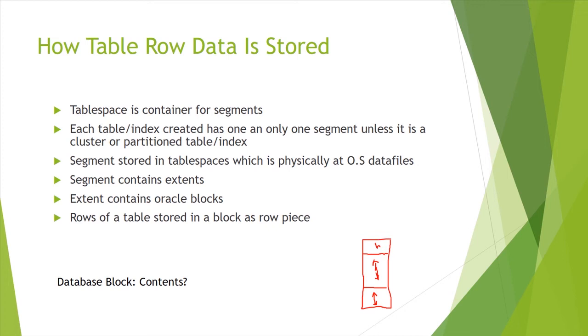The header grows downward from the top, and the raw data grows upward from the bottom. The block header contains some information like, for example, segment type. Does this block belong to a segment, table segment or index segment? The address of the block, the checksum if you are enabling a checksum, and some other information.